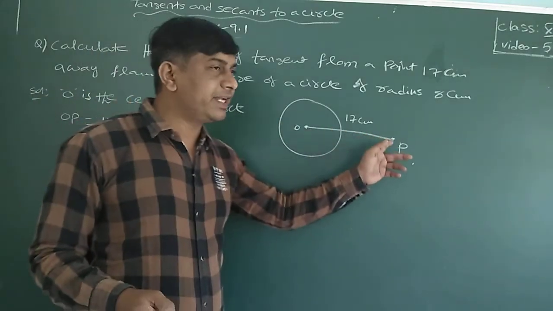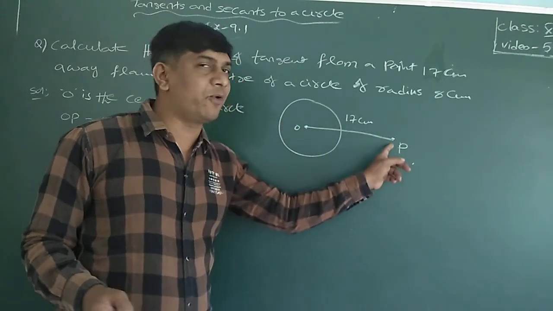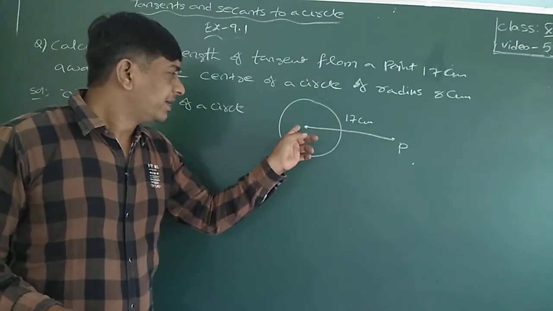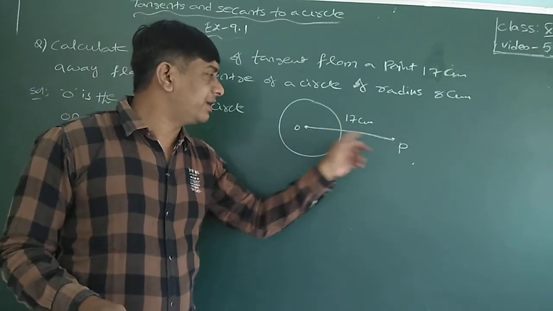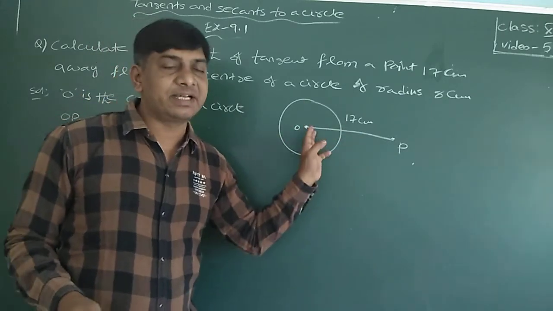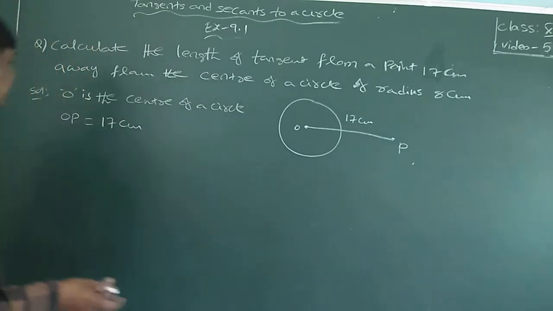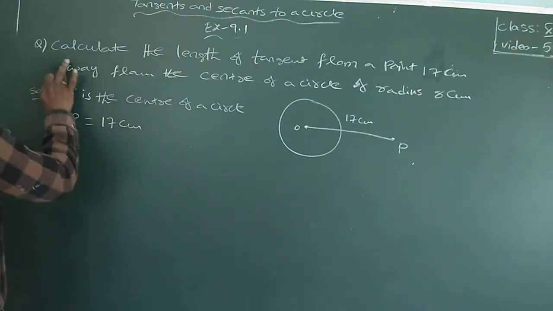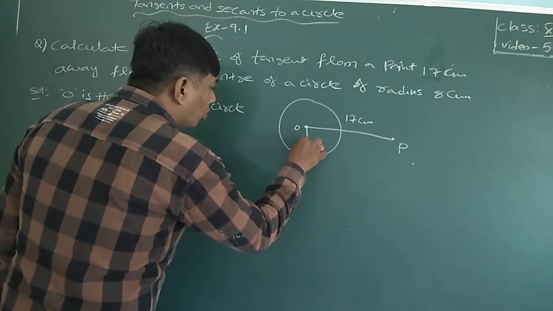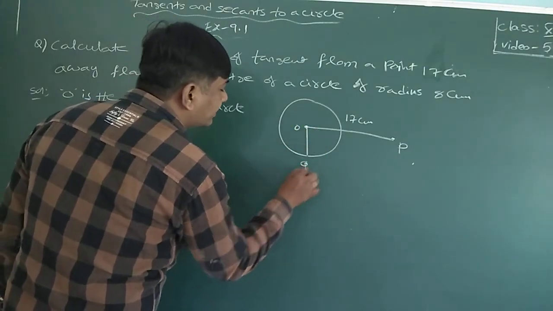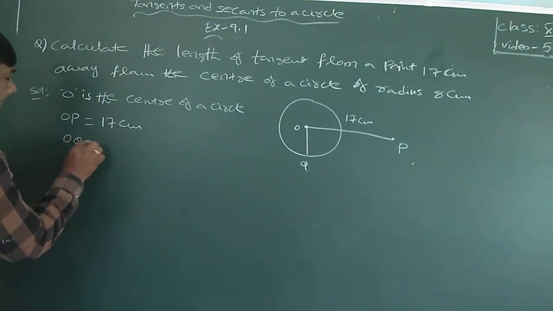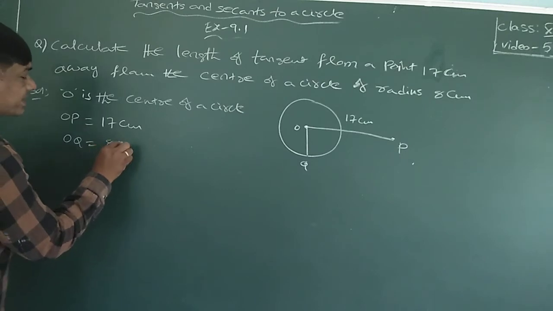OP is the distance of the center from the point P, and the distance is 17 centimeters. OQ is the radius of the circle, that is 8 centimeters.